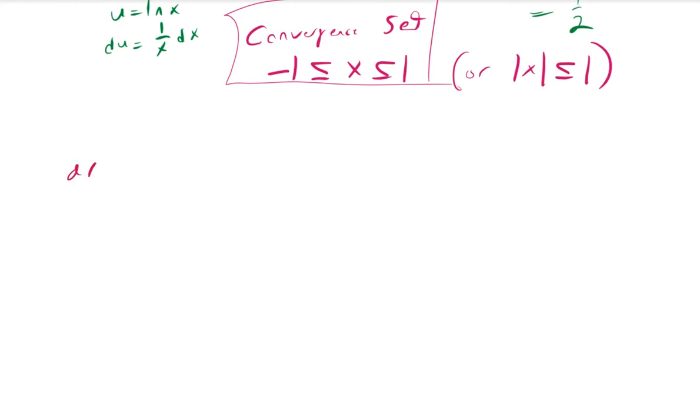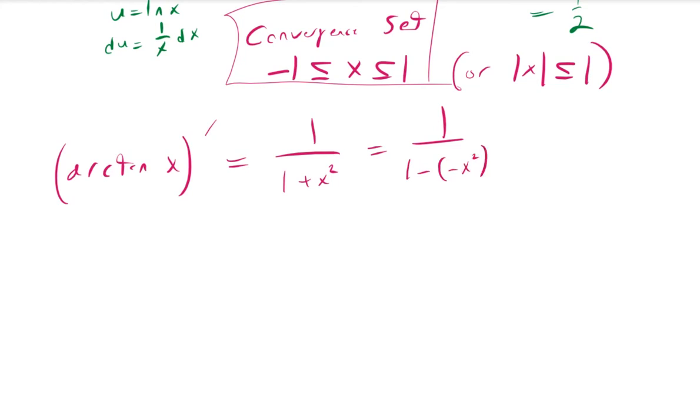If you think about arctangent of x, specifically the derivative of arctangent, we know that that's 1 over 1 plus x squared. Hopefully you're familiar with that by now. If I rewrite that denominator as 1 over 1 minus -x squared, which is the exact same thing, this looks very familiar.